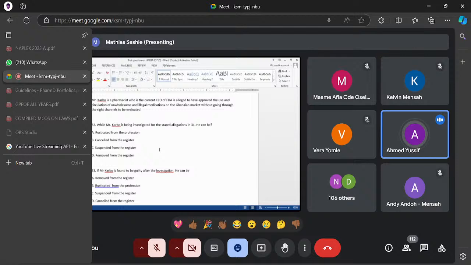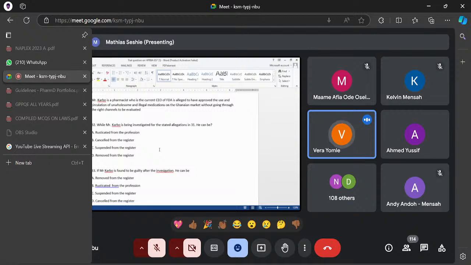Okay, let's move on. Number 32. Mr. Cabo is a pharmacist who is the current CEO of FDA. He is alleged to have approved the use and circulation of unwholesome and illegal medications on the Ghanaian market without going through the right channels to be evaluated.